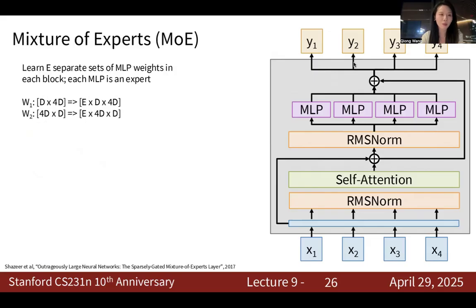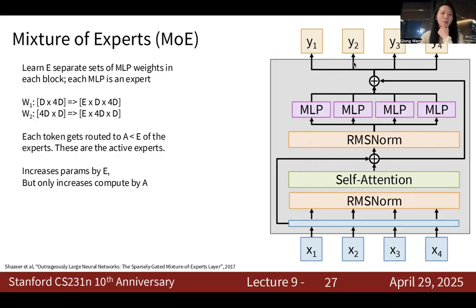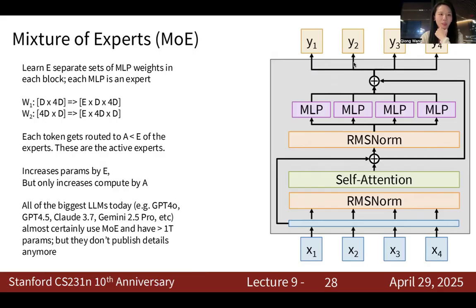Okay, another idea is the mixture of experts. This means each token gets routed to a small subset of the experts, and those are the active experts.